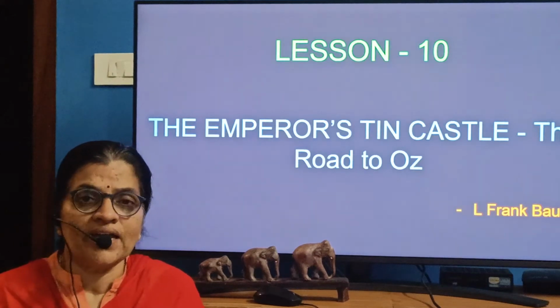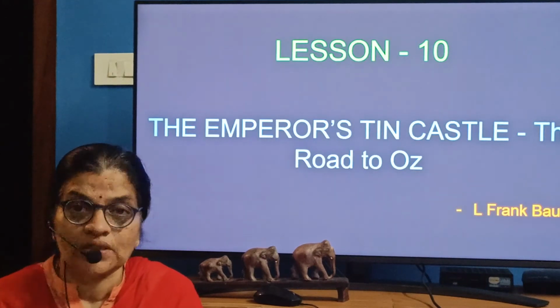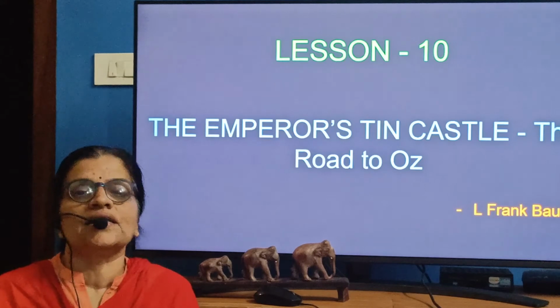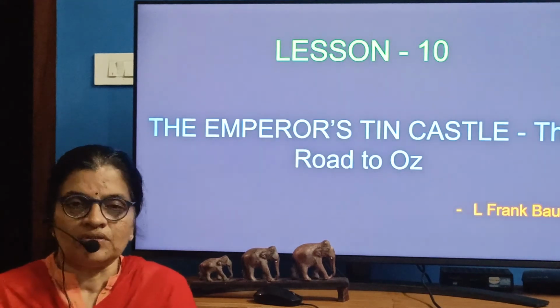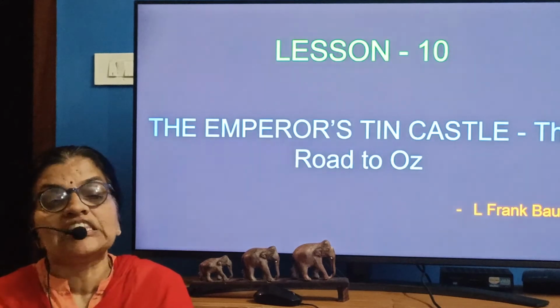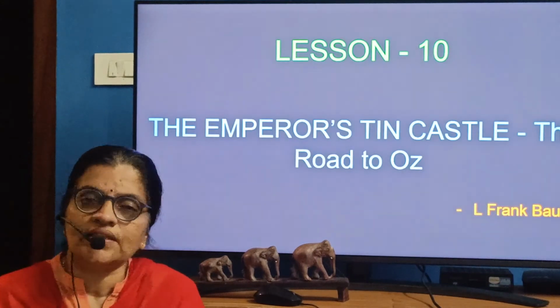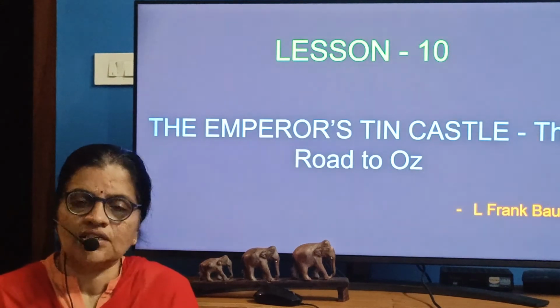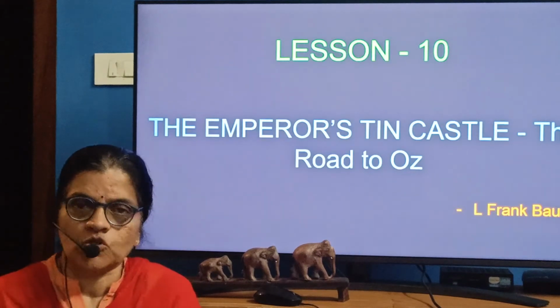So some areas are familiar with their own things. Same as here, the emperor, the Tin Woodman, constructed his house with tin, and all the furniture as well as the dress are made so.